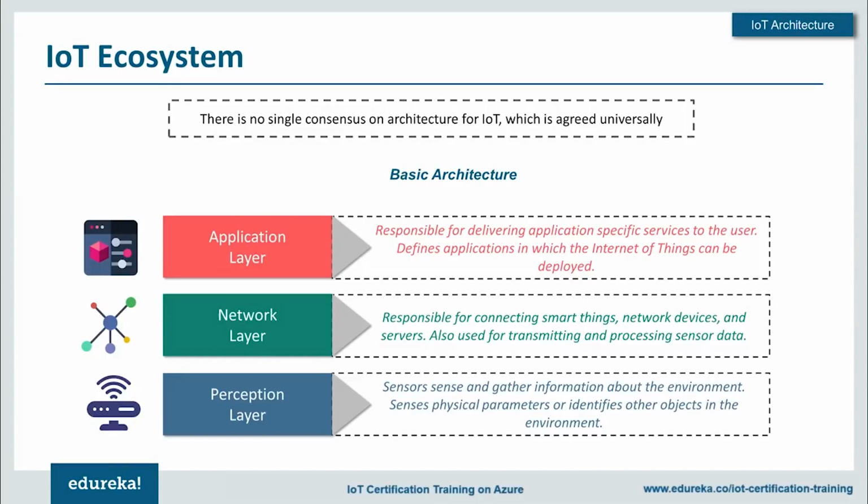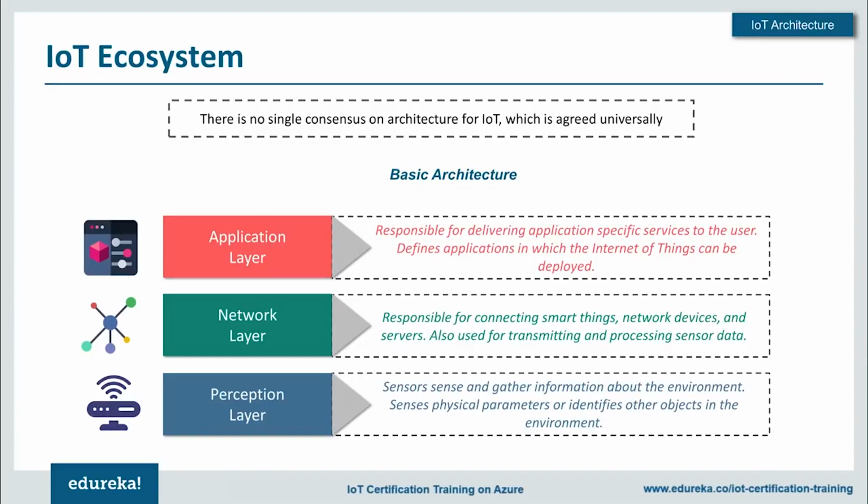When we come down to the IoT ecosystem, there's no single consensus, no single architectural design that's agreed upon universally, because each company, each organization, each user for that matter has different requirements. And when we look down to it, we can break it down to a simple 3-level architecture, wherein we have a perception layer where sensors gather the information from the environment around them.